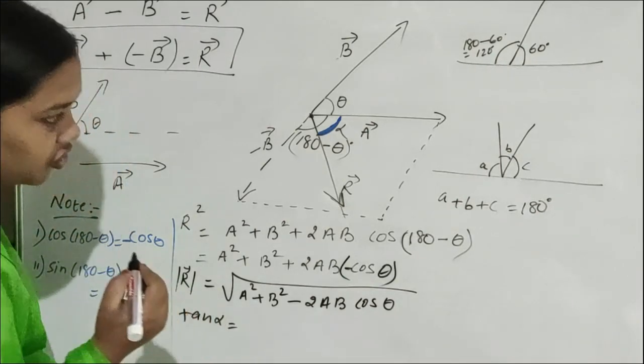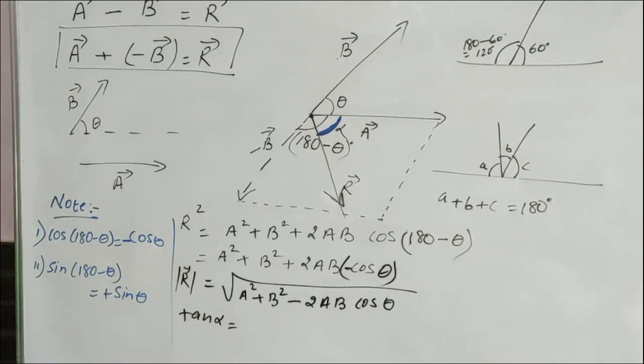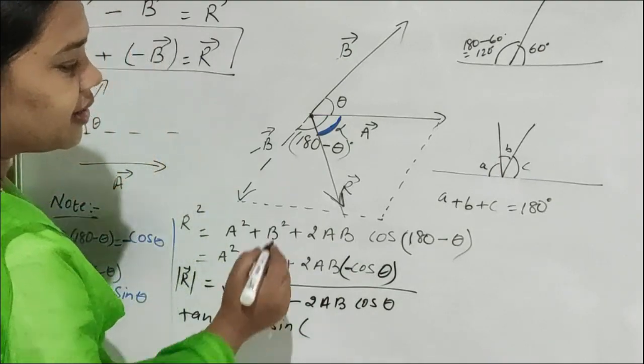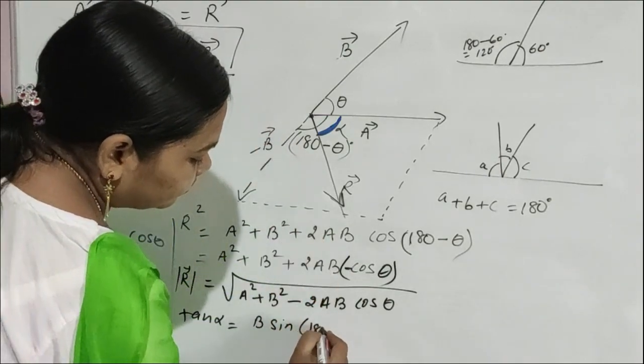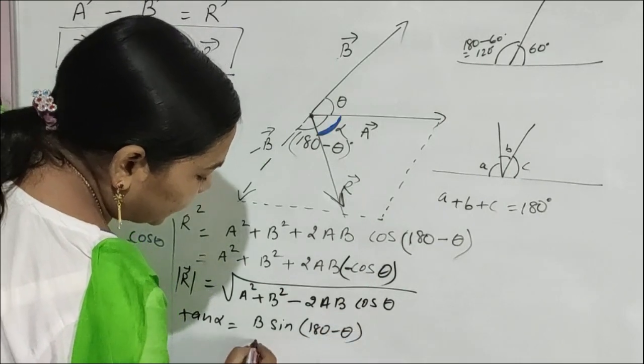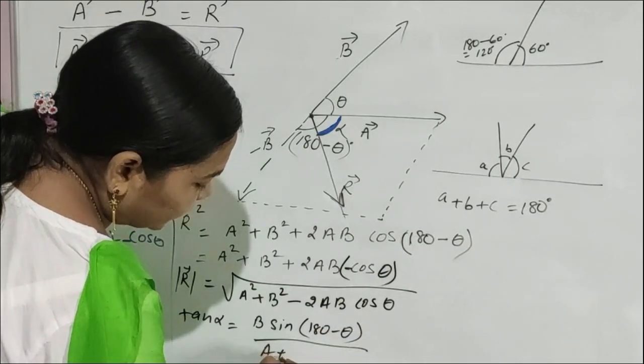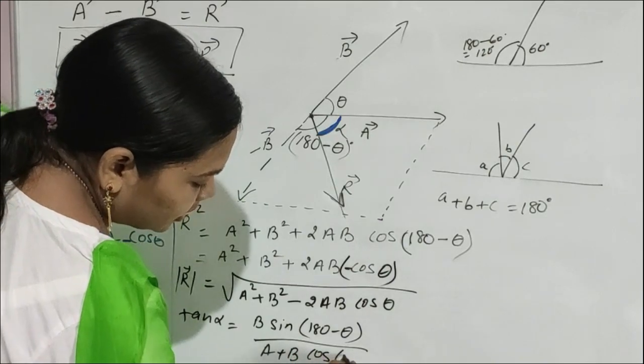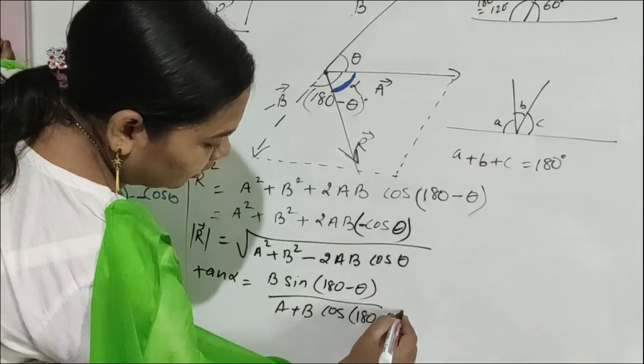Tan alpha is equal to what formula we read already? B sin theta by A plus B cos theta. But here theta means 180 minus theta. Why?